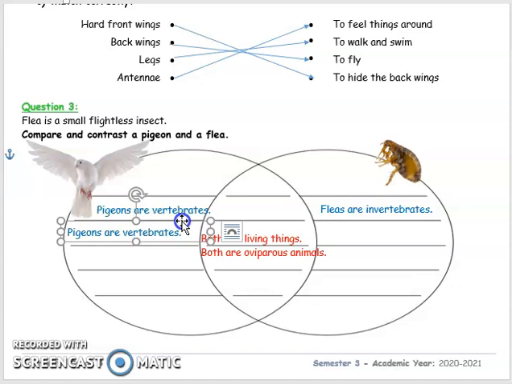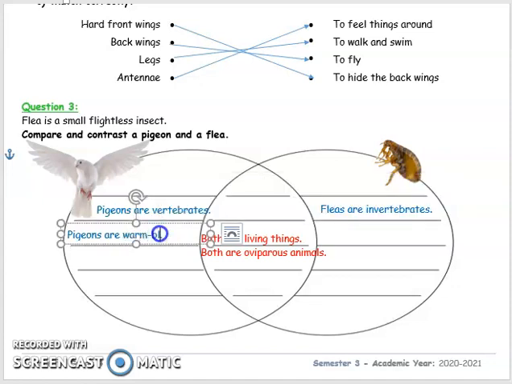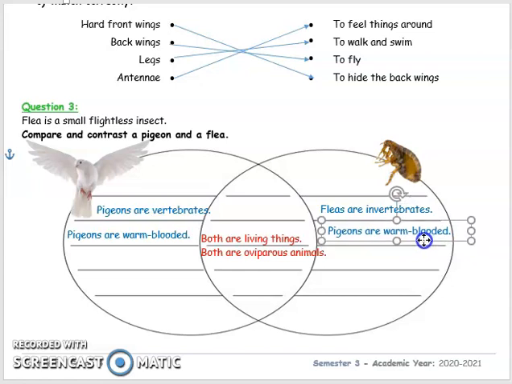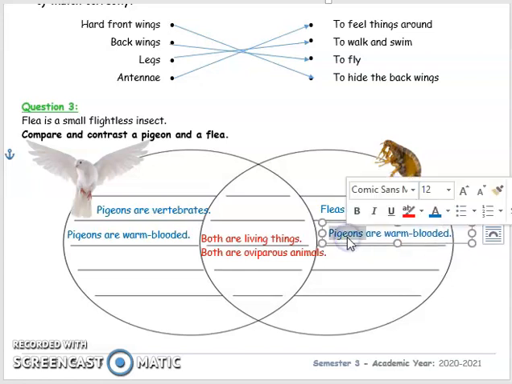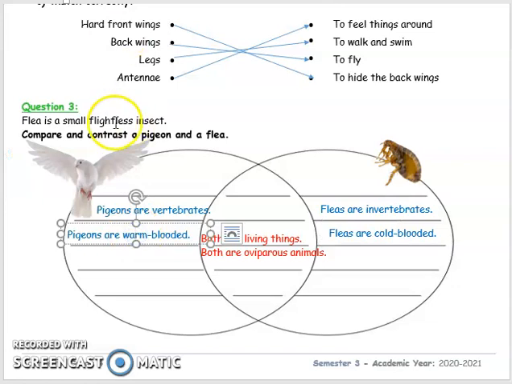Pigeons are warm-blooded, but fleas, since they are insects, they are cold-blooded. And we can add one more thing.